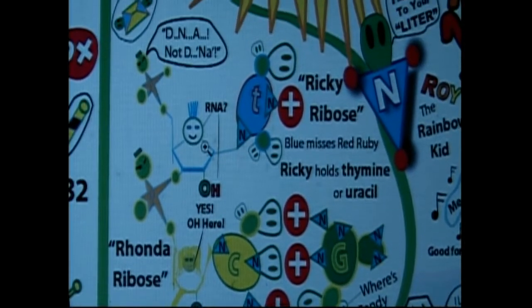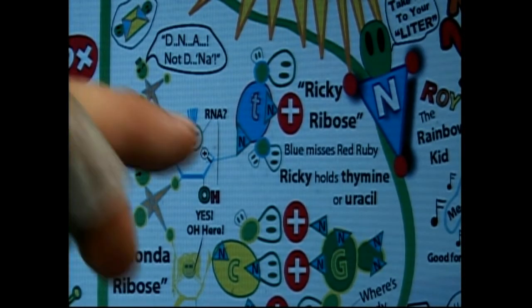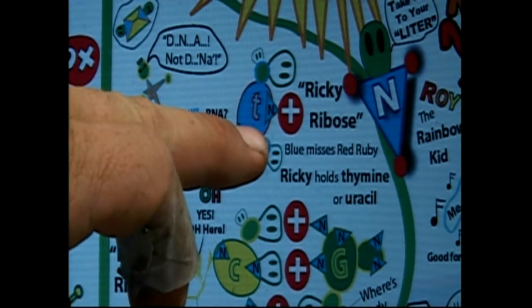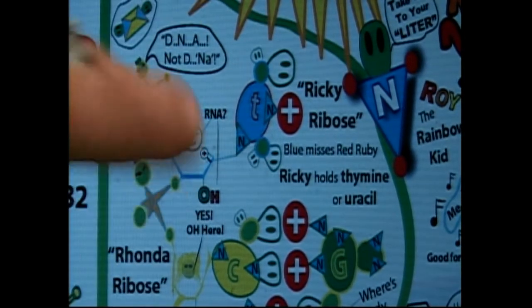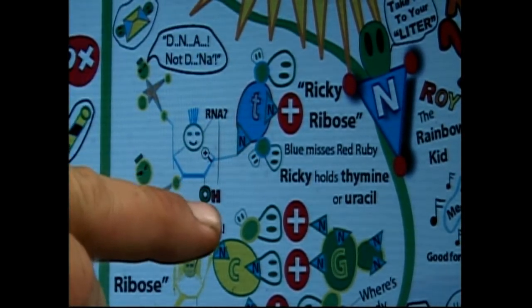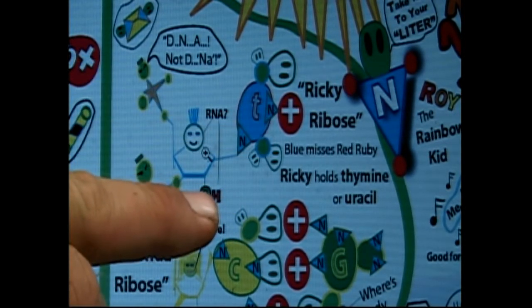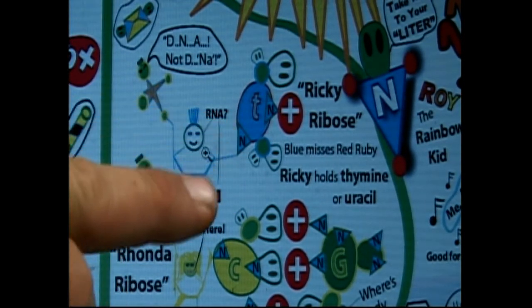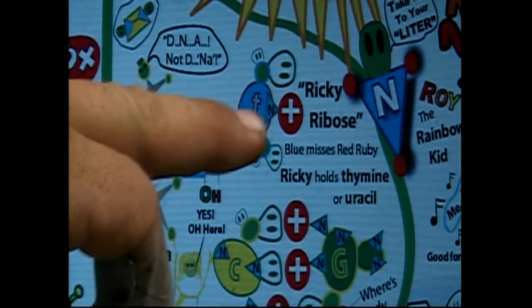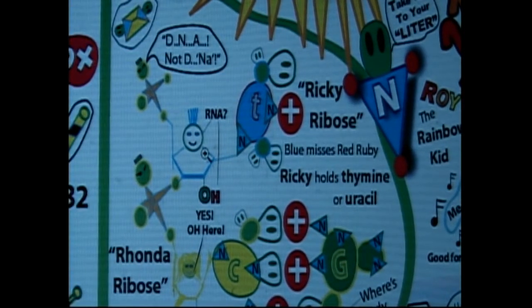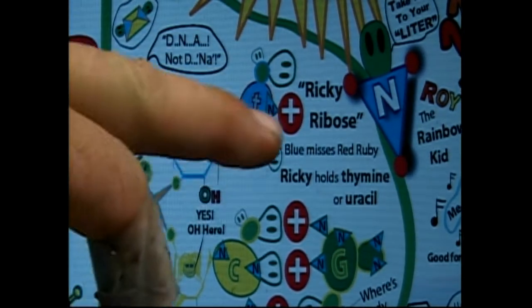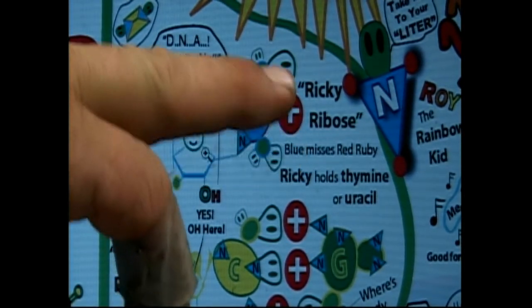See up here, Ricky ribose. Ricky is for T, or this is, he shouldn't have that because it's DNA. See here, RNA, what? T for DNA is uracil for RNA. So we have this drawn different later, but you see this only has 2 bonds.